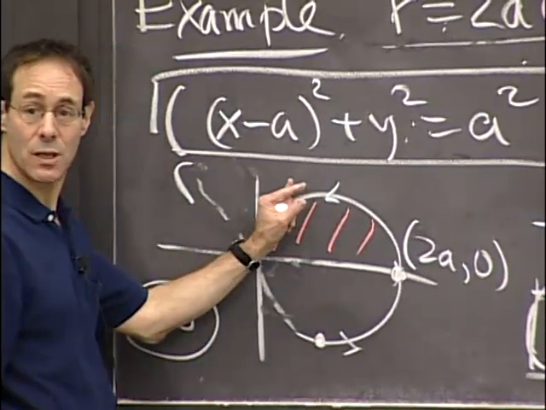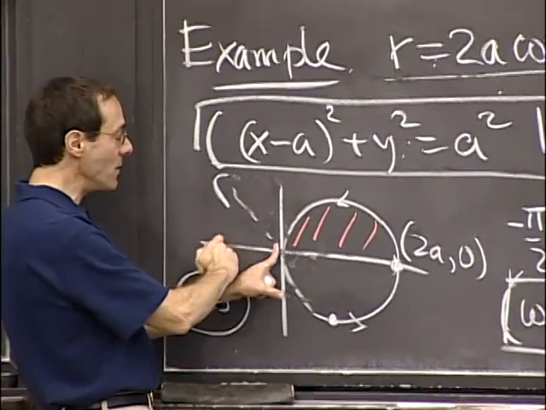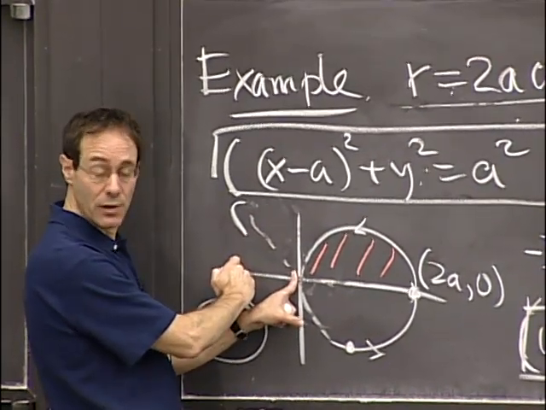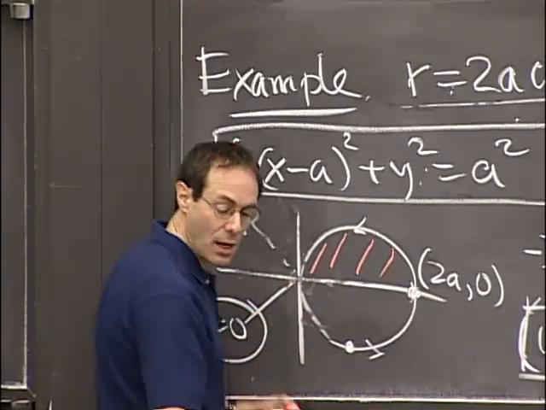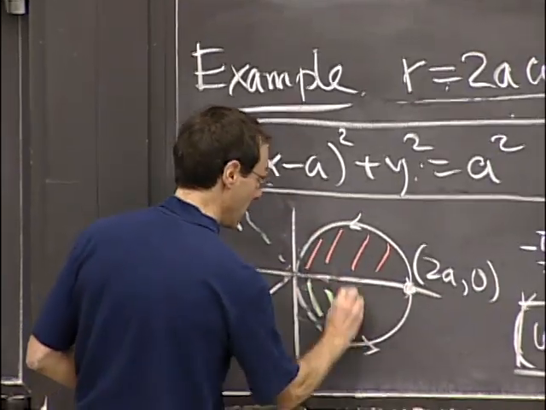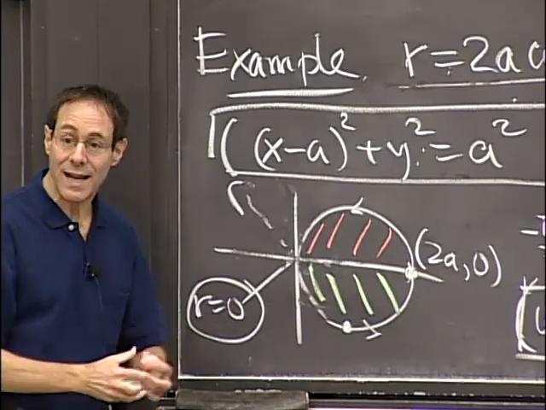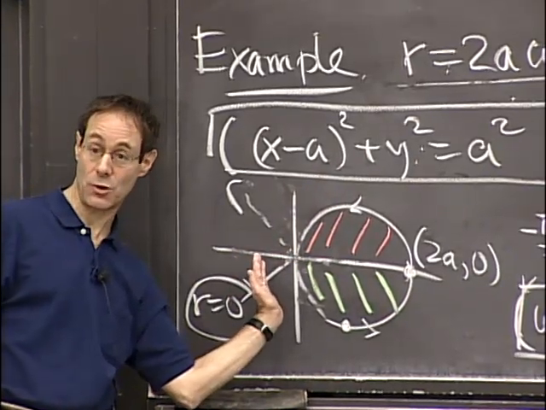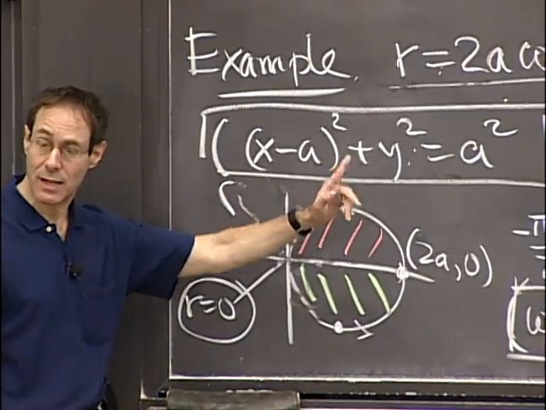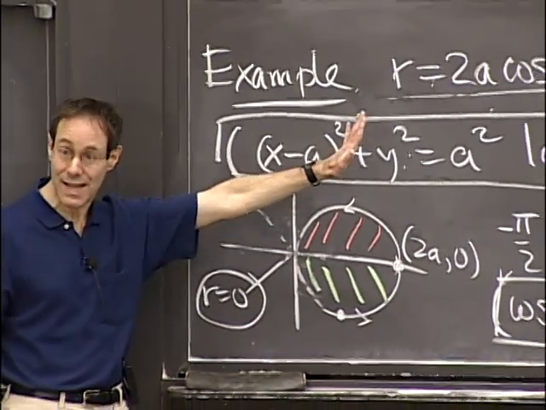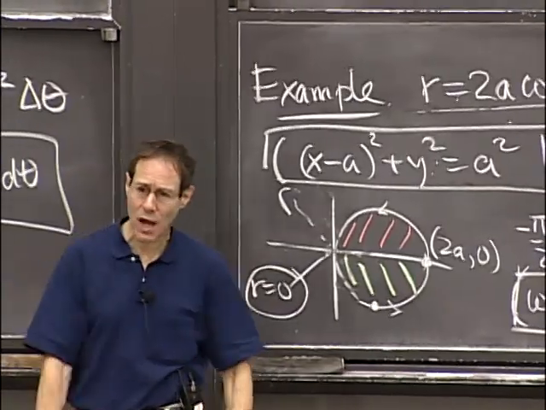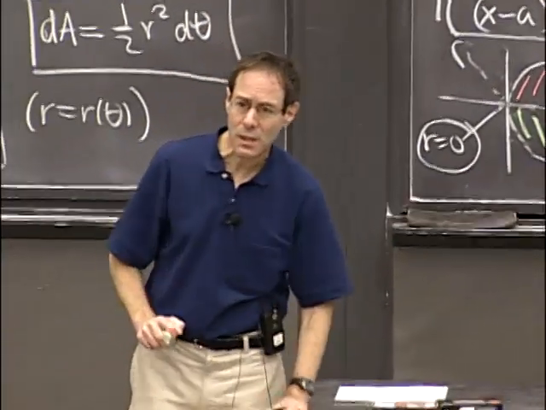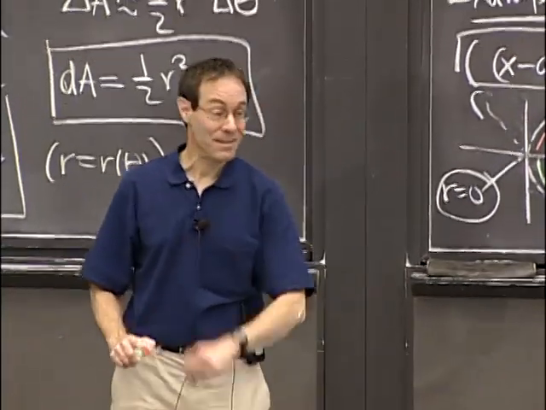That was swept out. And then, when you're going around this next quadrant here, you're actually sweeping out this underside here. So actually, you're getting half of it on one half, and you're getting the other half on the other quadrant. So it's actually giving you the right answer. Okay? So that turns out to be okay. It's a little weird way to chop up a circle, but it's legal. Okay?